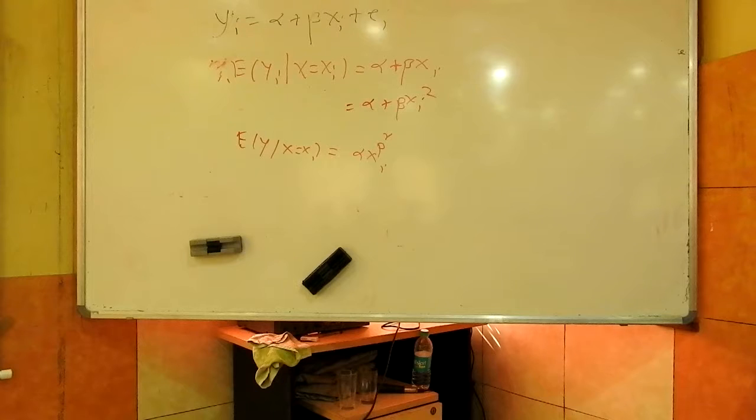If the conditional mean function is linear and the error term is normal, I have the normal linear model. If the conditional mean function is linear and the error term can take any distribution that it feels like, I have the general linear model. If the conditional mean function is non-linear and the error term is normal, then I have a non-linear normal model.